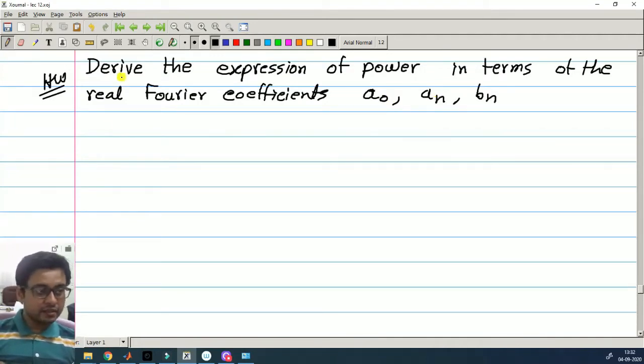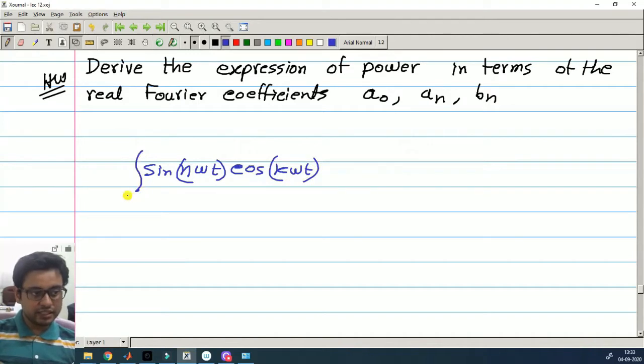There again a similar idea will be very useful: sine n omega t multiplied with cosine k omega t and then integrated over a complete period of 2 pi over omega is always equal to 0.